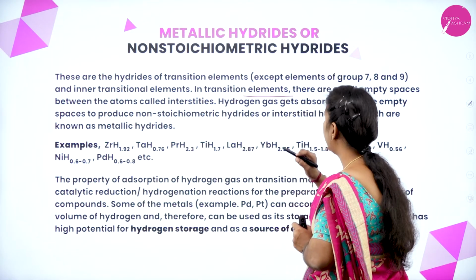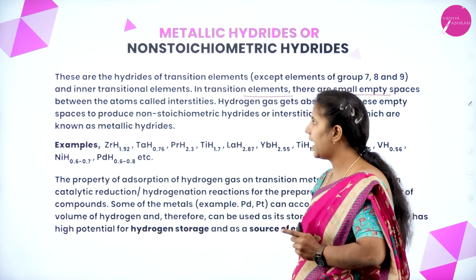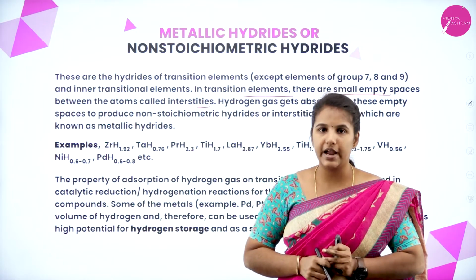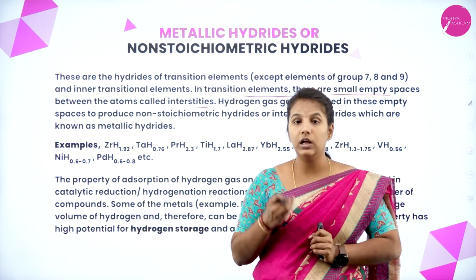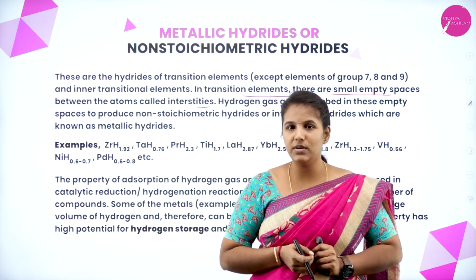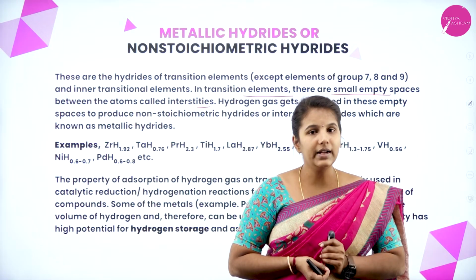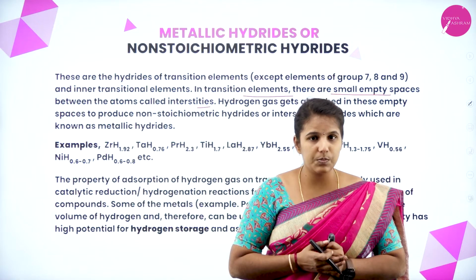In transition elements, the small spaces between the atoms are known as interstitial sites. When we look into the d-block elements, if you consider any one of them, it usually has some vacant spaces.